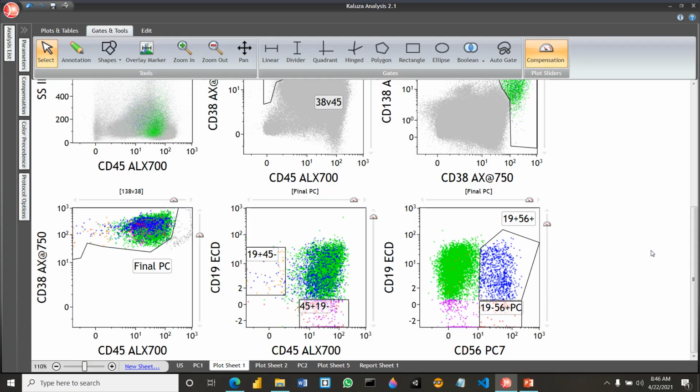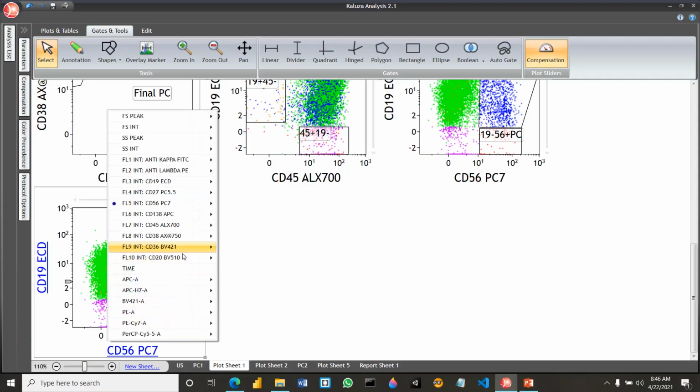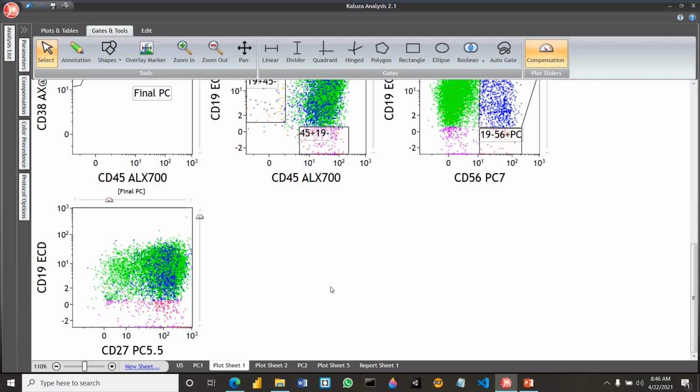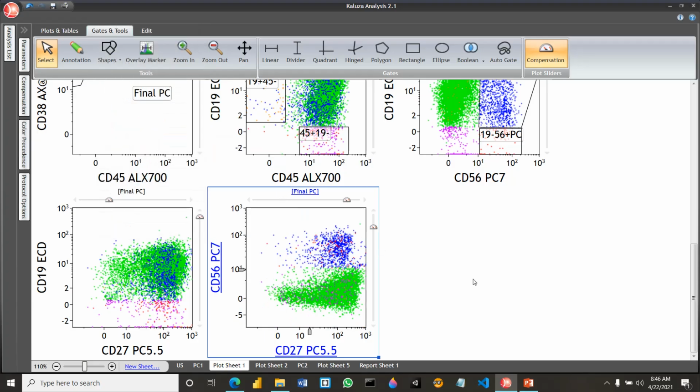Okay, so now we have different combinations. We have looked at CD19, CD45, CD56. One more marker which is usually used is CD27, and we can look at CD27 along with CD19 as well as CD56.